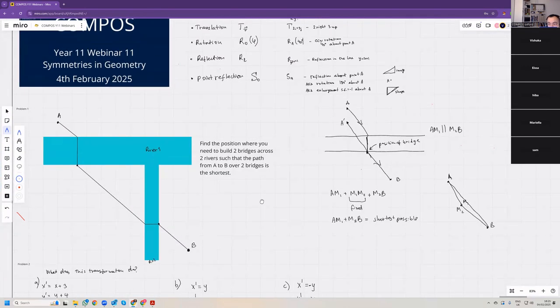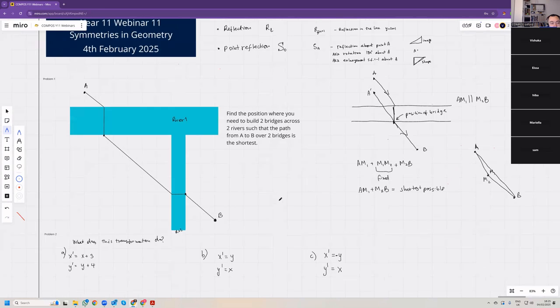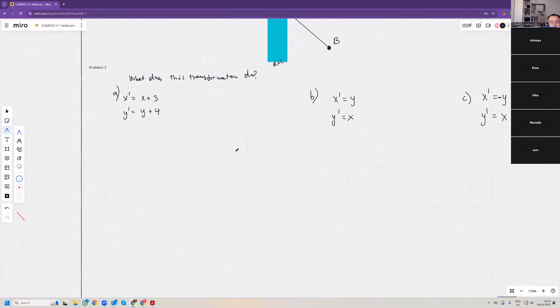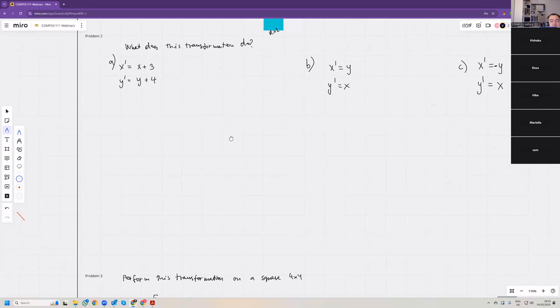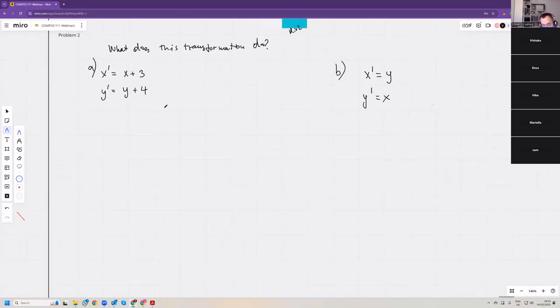Now, problem 2. What does this transformation do? When I was studying transformations, I struggled to understand the notation. Like, what does that mean? What is x dash equals x plus 3 and y dash equals y plus 4? Well, a transformation takes something and transforms it.